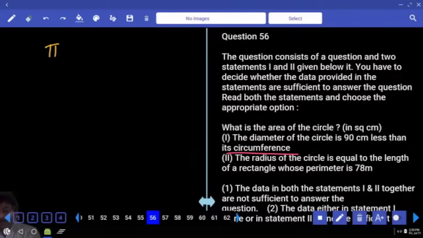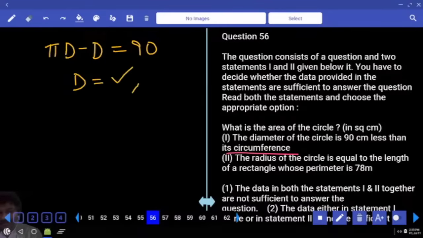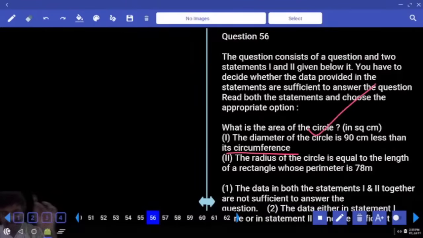So the difference between pi d and d is equal to 90, where you know pi value 22/7. There is only one variable d. If you solve this, will you get the d value? Once you have the d value, you will also know the r value. Once you have the r value, can you identify the circle area? Yes, 1 alone is definitely sufficient.